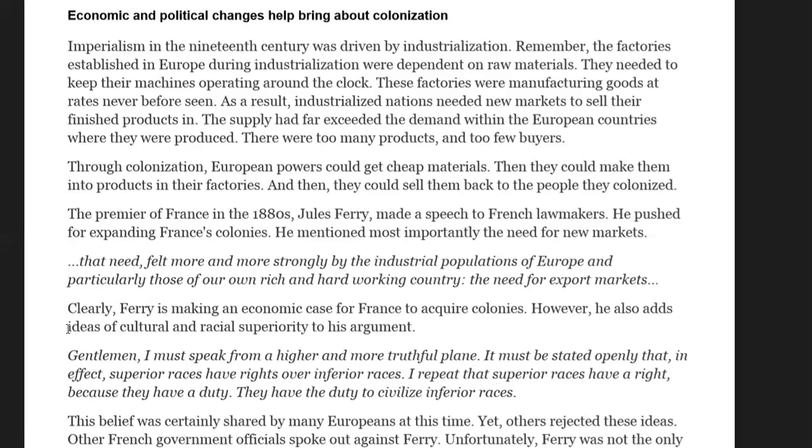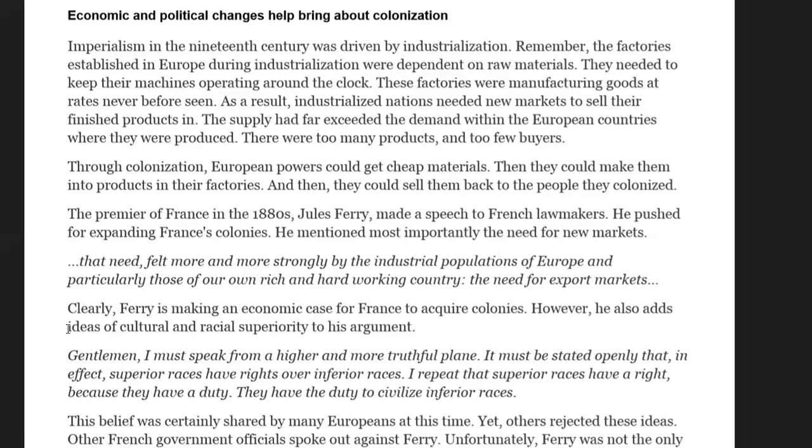So the first cause for this increase in imperialism, and this is the first thing you want to mention in your answer, was that industrialization had expanded and European countries, along with the United States and Japan, needed more raw materials and more markets to sell the things they made to.